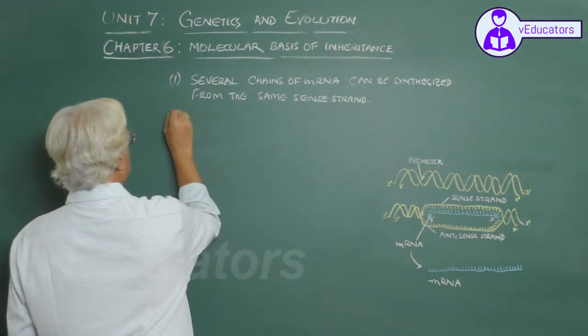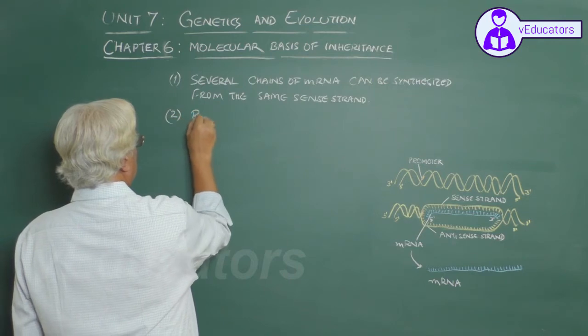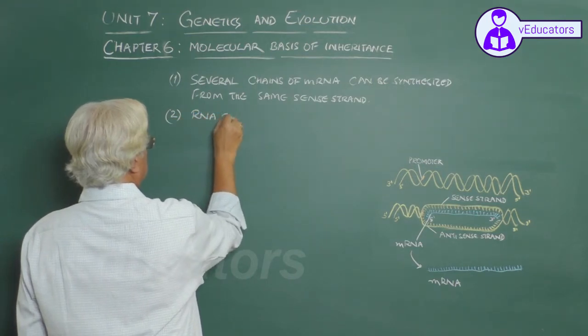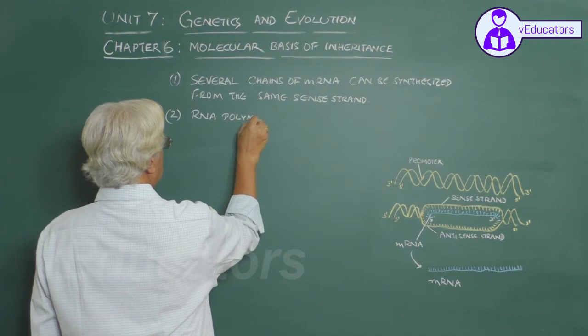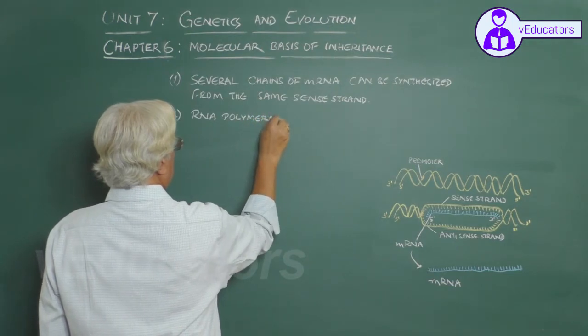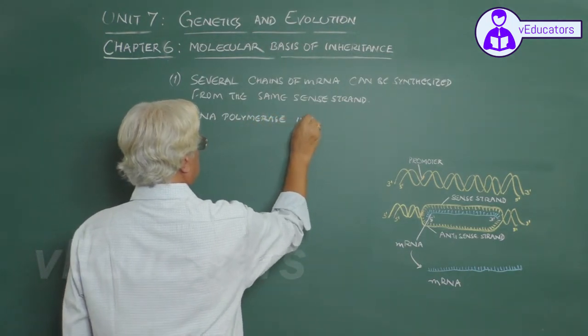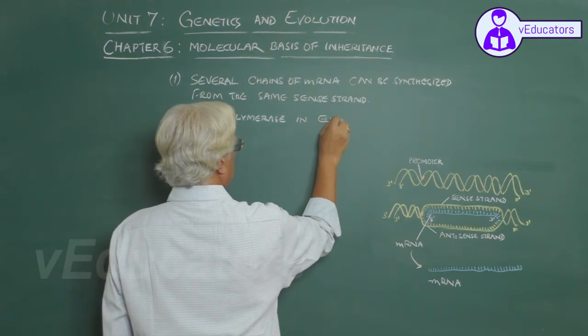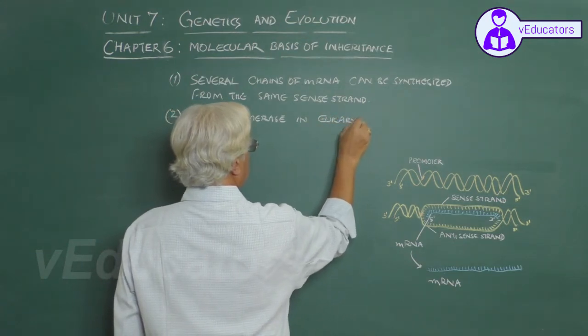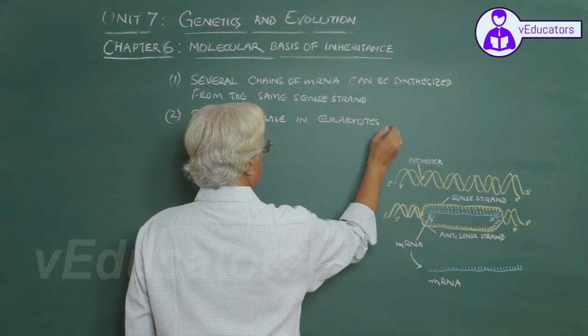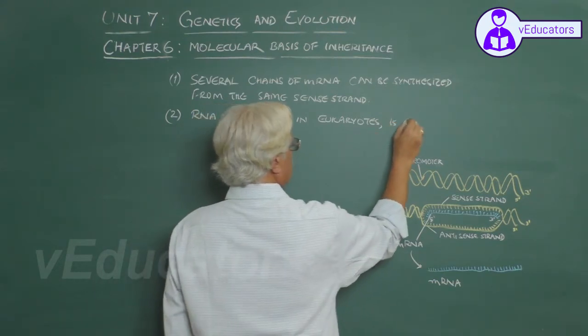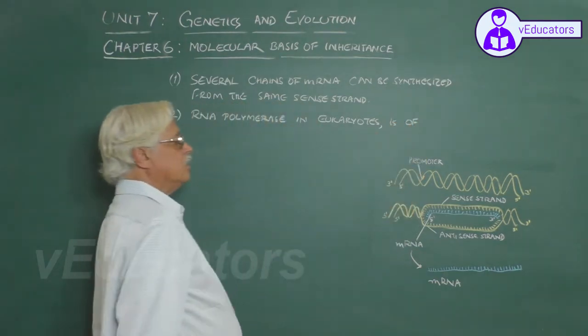Second, RNA polymerase in eukaryotes is of three types.